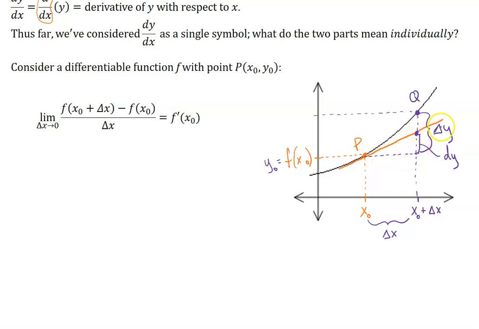So we've got delta y, which is the vertical change on the actual function between these 2 points, and we've got dy, which is the vertical change on the tangent line between these 2 points. Again, our idea is that dy can be used to approximate delta y. So dy is used to approximate delta y. I believe this is written down below as well, so if you don't write that down yet, that's okay.